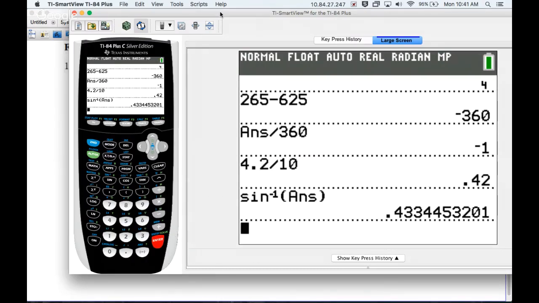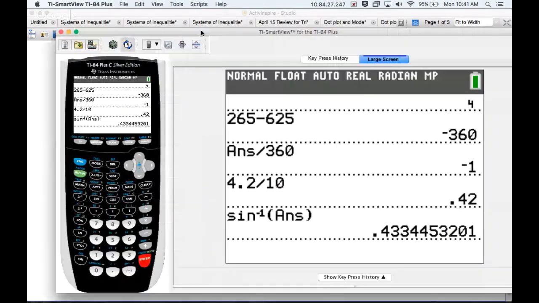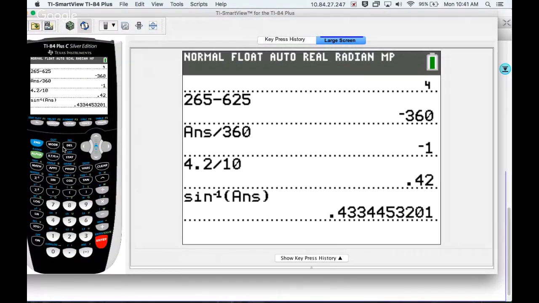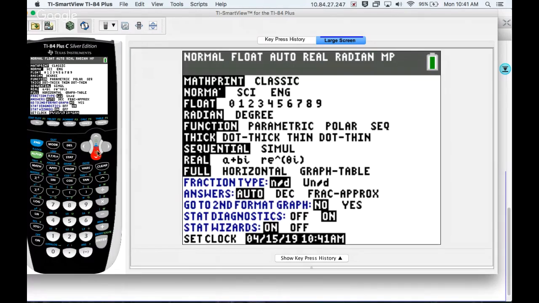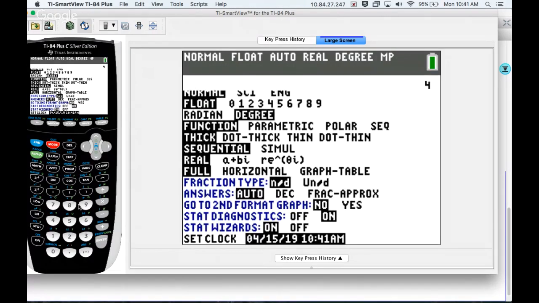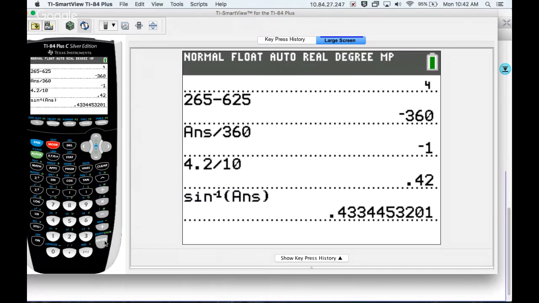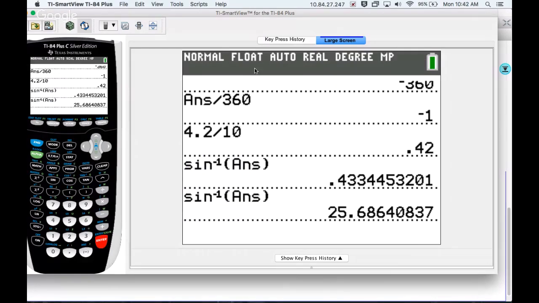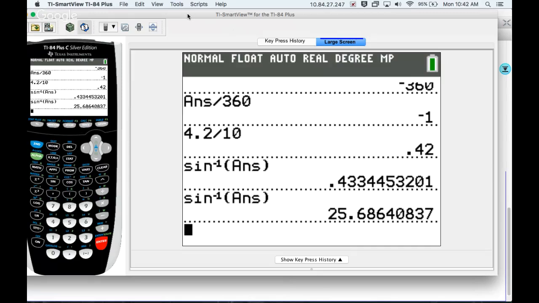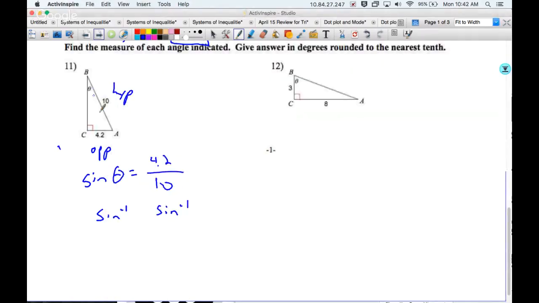My guess is that's in radians. What did it want? It wanted degrees. So let me run that calculation again, but this time be in degree mode. If I run it again, I get 25.7 degrees, which looks about right. It looks like about a 25.7 degree angle.